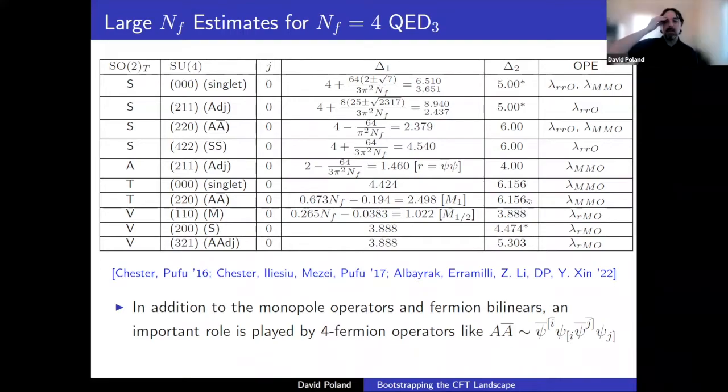After the talk, I can look up precisely what the construction looks like. And that's the leading order at large N estimate? Yeah, that's the leading order at large N estimate. Okay. Thanks.